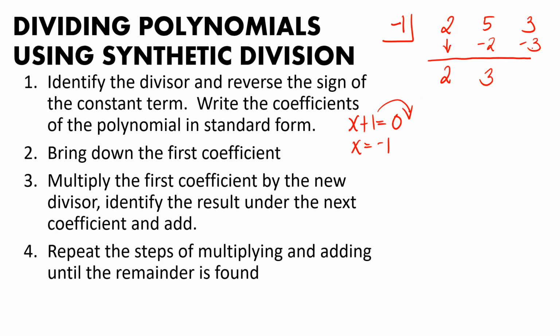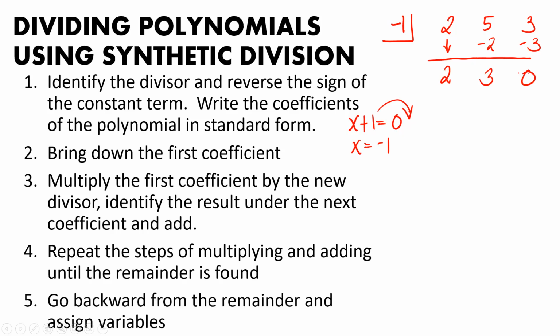Add lang natin ulit. 3 minus 3 is 0. Therefore, go back from the remainder and assign the variables. So, kung 2x squared tayo kanina, tatandaan natin ang ating quotient dapat mas mababa. Magiging 2x plus 3 na lang. Naintindihan? Okay. Next.